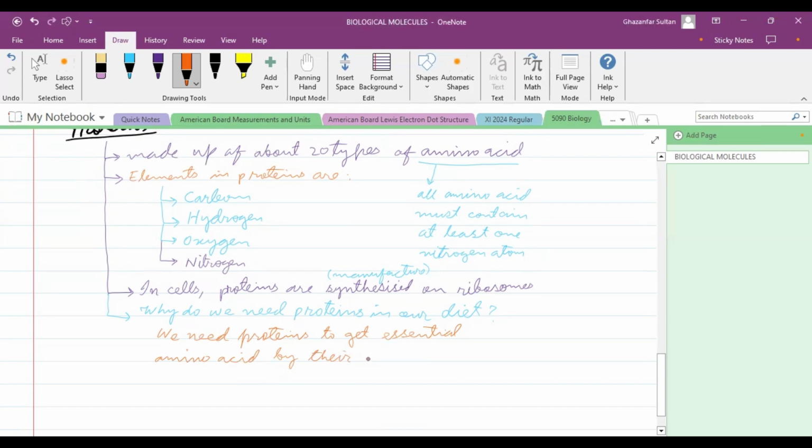We will study in the process of digestion in the digestive system in human nutrition that proteins are hydrolyzed to provide us amino acids, and when these amino acids are absorbed by different cells, the cells synthesize their own proteins. Okay, got it?